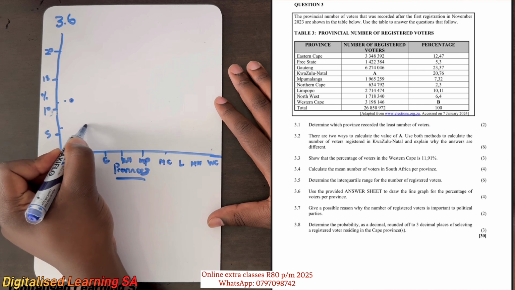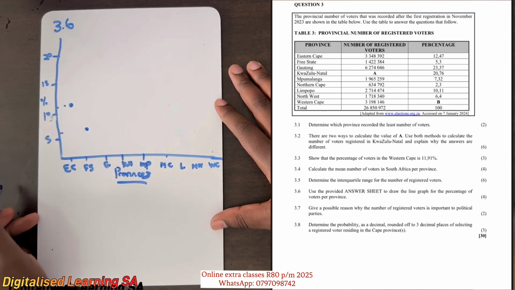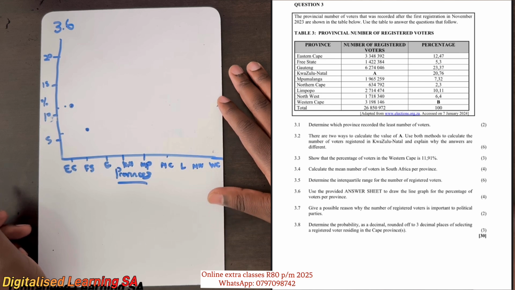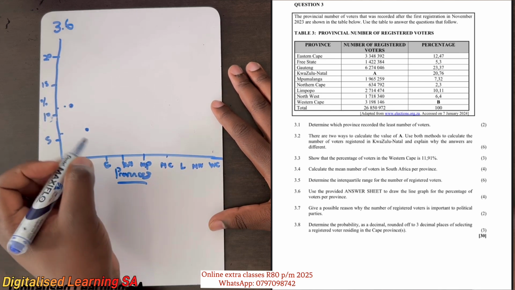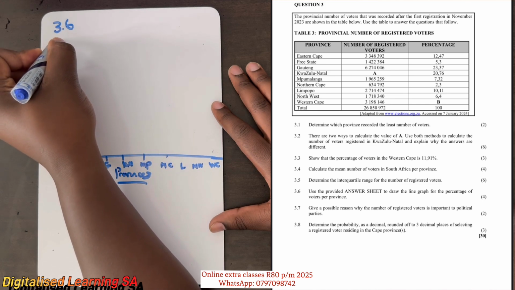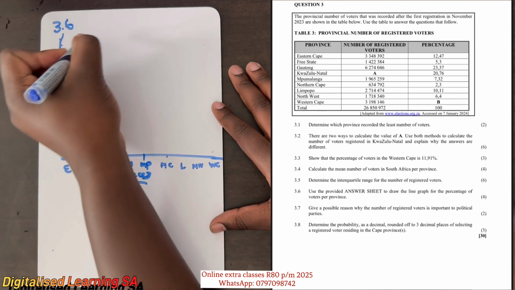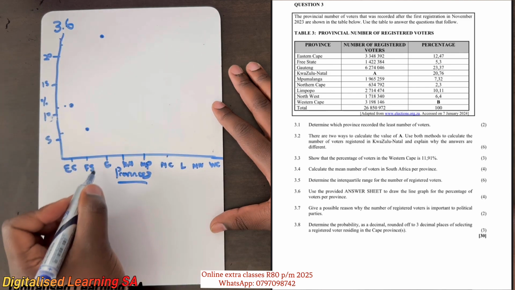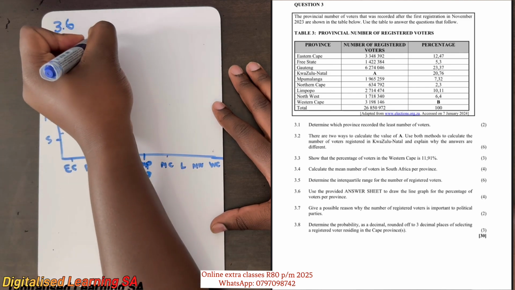Next, Gauteng was 23.37, so our next point will be somewhere here, in line with Gauteng.